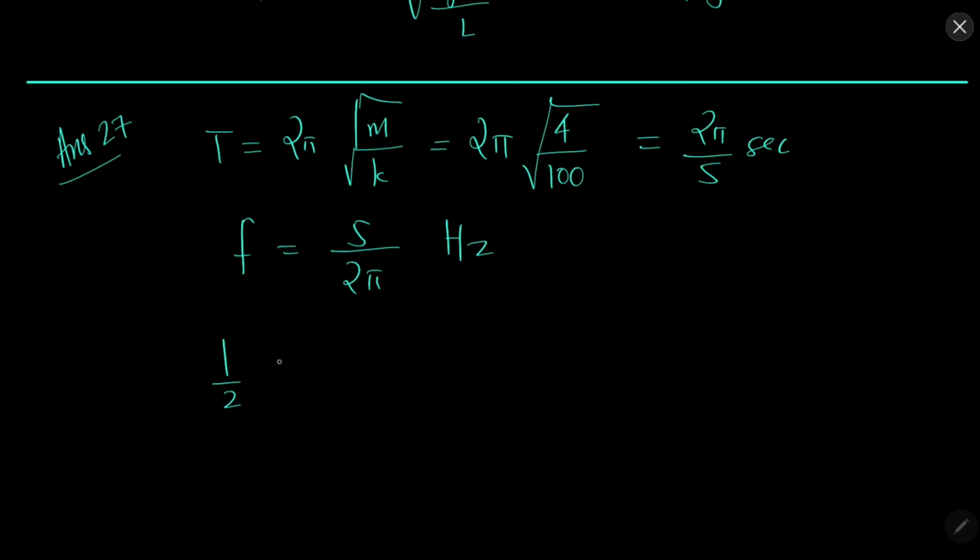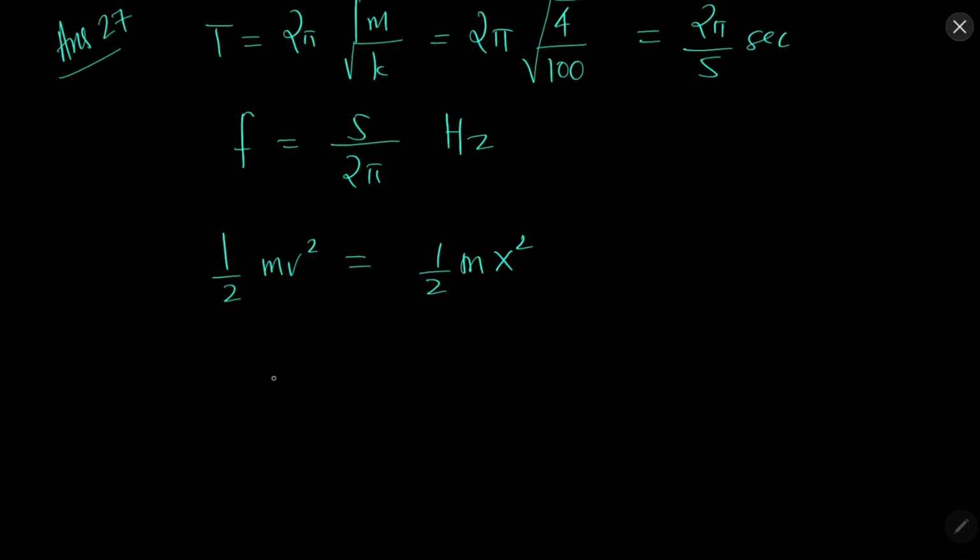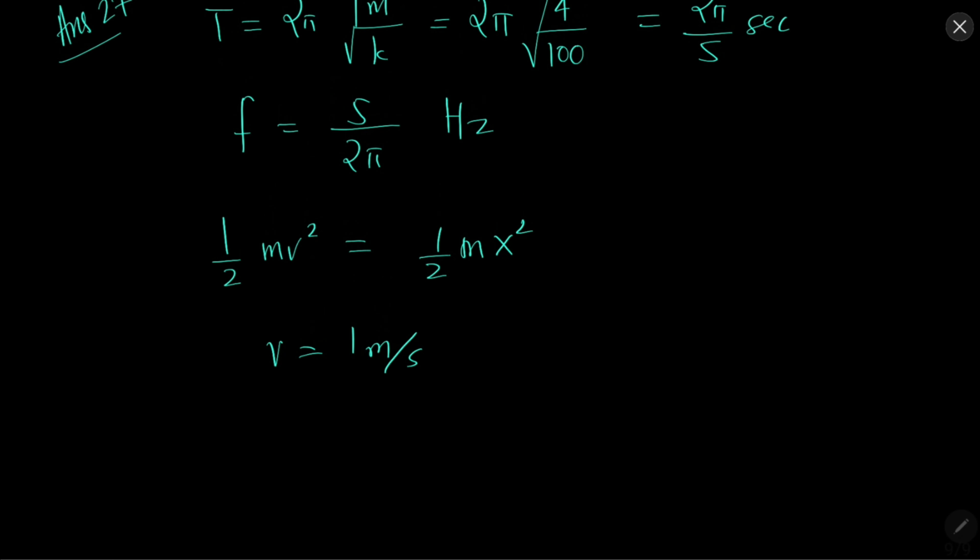Now kinetic energy will be half mv square. It will be equal to energy stored, half kx square. So after solving this, we will get v to be 1 meter per second. Let this be an equation.